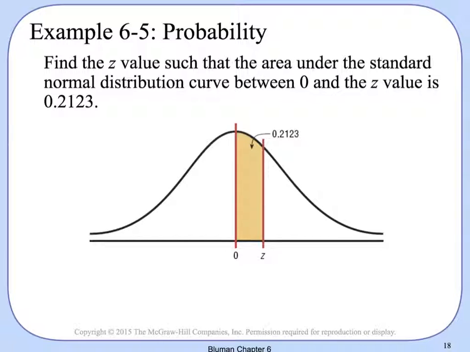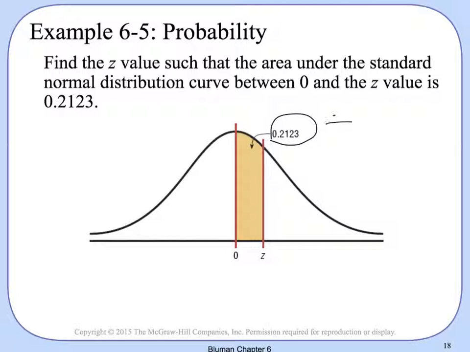Okay, so here's the next question. Find the z-value such that the area under the standard normal curve between 0 and the z-value is 0.2123. What are they giving us?